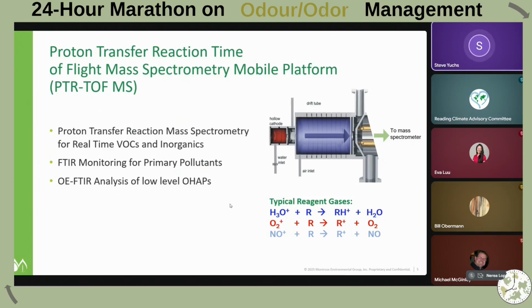One of the great things about this is we can change the reagent ions, because there are certain compounds that will react with water but others won't. They'll only react with oxygen ions, or won't react with oxygen, only NO ions. So we can change that on the fly as we're going, depending on what we're looking for. We found this to be a really powerful tool for real-time analysis of odor-causing compounds, and we use this to trace these odor plumes throughout the community.